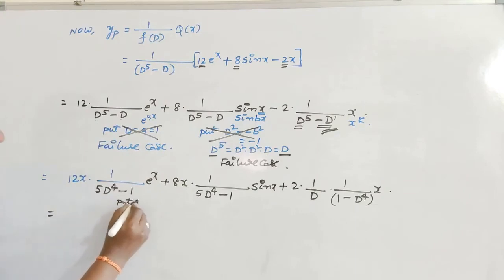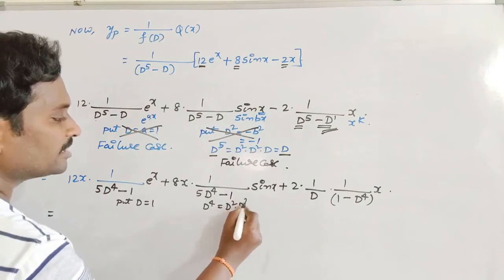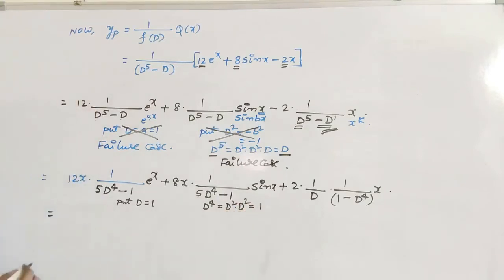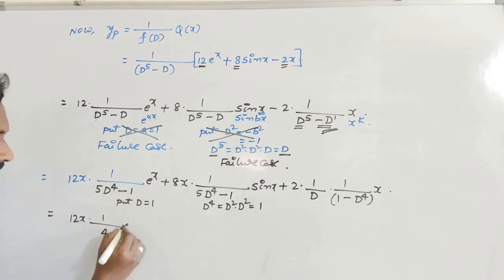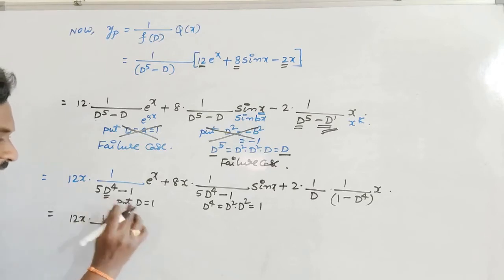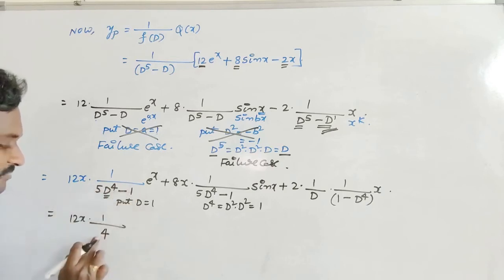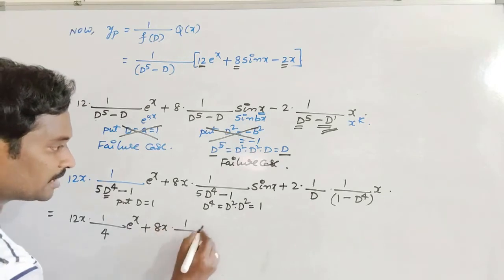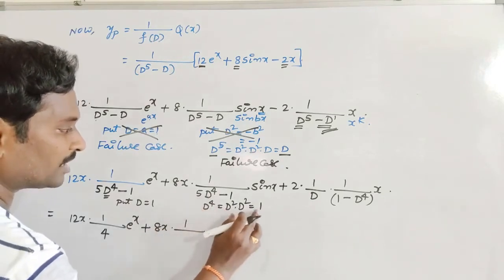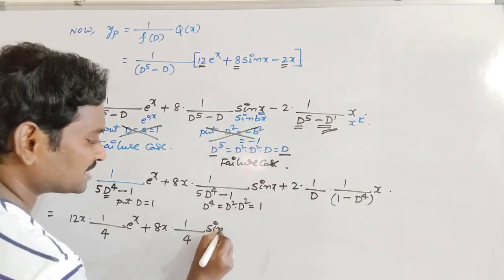Put D is equal to 1, and D power 4 is equal to D square into D square, it would be 1. Okay. So 12x into 1 by 5 times 1, 5, 5 minus 1, 4. Whenever we have D, blindly replace it by 1. 1 power 4 is 1, 1 into 5, 5, 5 minus 1, 4, e power x, plus 8x into, here also what is D power 4? 1. 5 into 1, 5, 5 minus 1, 4, into sin x.